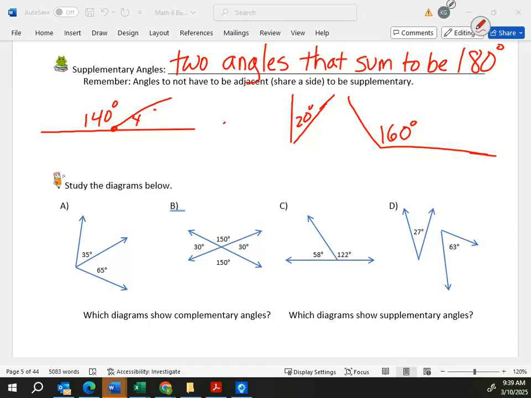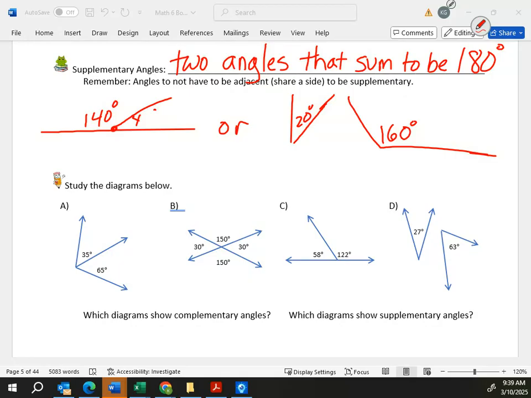As long as the two angles equal 180 when we add them. You're labeling your acute and your obtuse correctly. So we wouldn't want to give the 20 degrees to an obtuse angle. So complementary is 90 degrees, supplementary is 180.